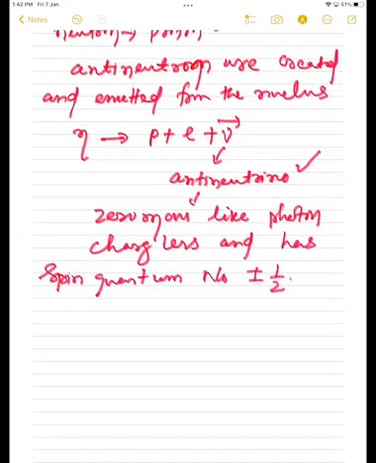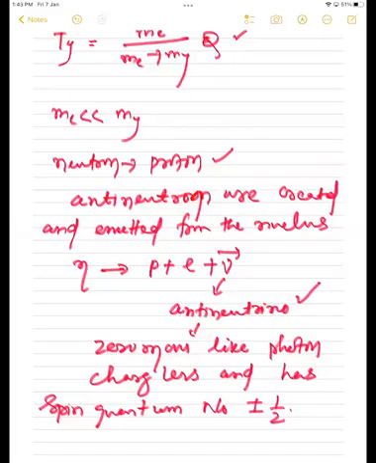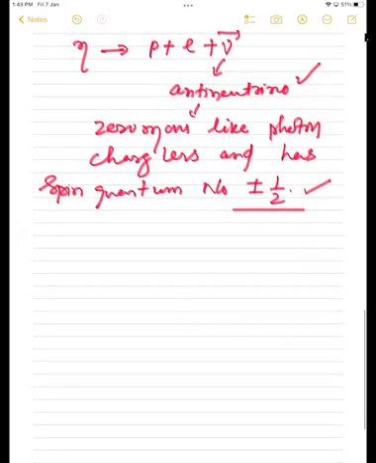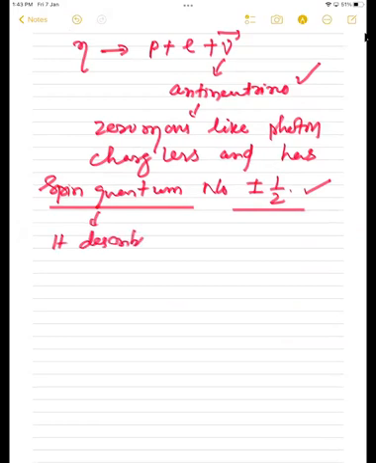Just note it. What is meant by spin quantum number? It describes the angular momentum of an electron.